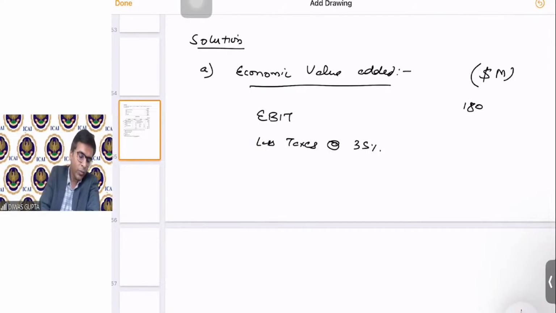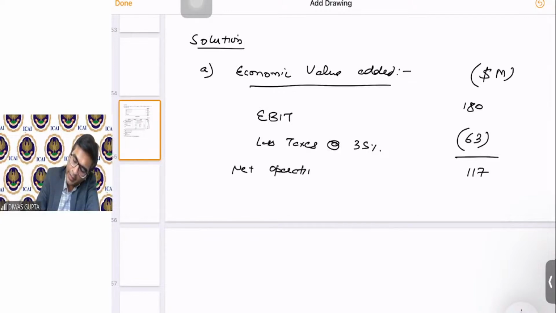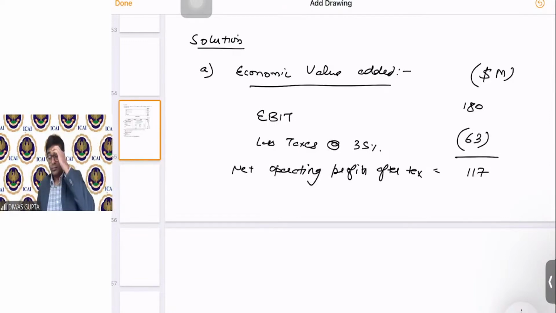So 180 into 0.35 comes out to $63 million, right? So this becomes 117 as net operating profits after tax. Okay.